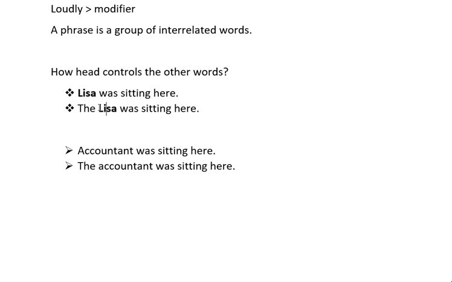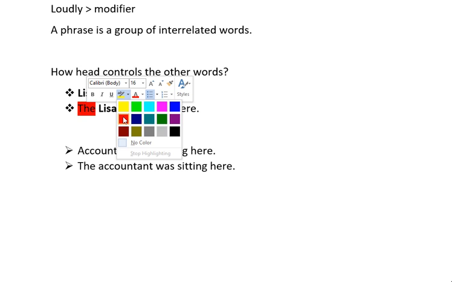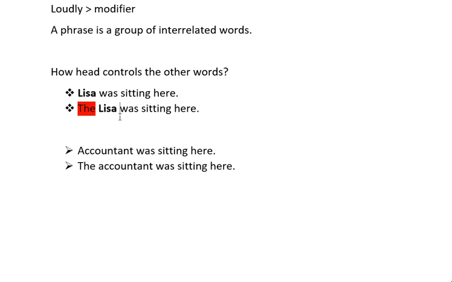Clear? And since Lisa is a proper noun, we cannot use the word the here. Clear? So this word Lisa is controlling this whole list of words because it is the head.